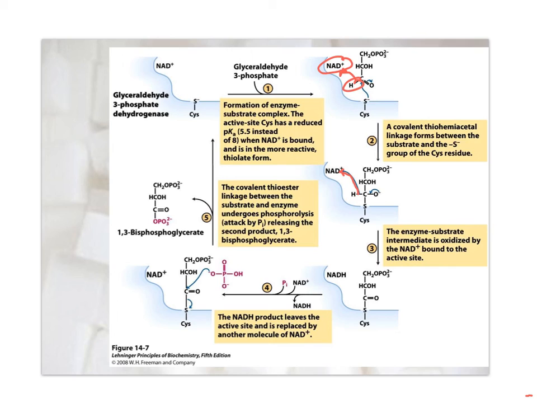Then an inorganic phosphate comes in to act as a nucleophile, attacks that carbon, and pops off the enzyme. So that's why it's not really that difficult. This shows you how NAD plus becomes NADH, and the reason is that the hydrogen usually takes the electrons with it. All right.